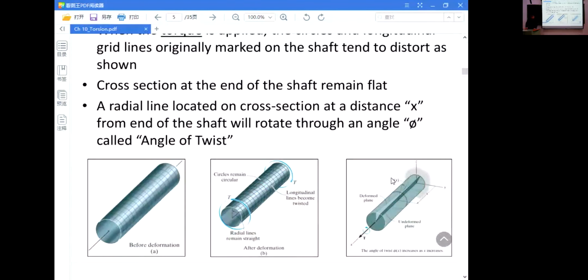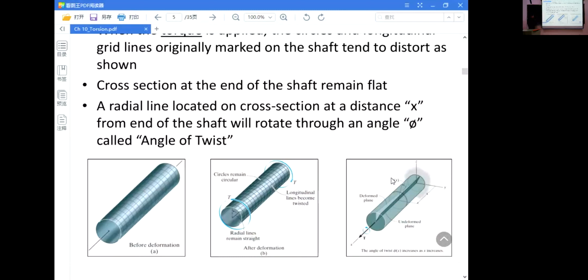Before deformation, the cross section is a plane. After the deformation, the cross section is still a plane.